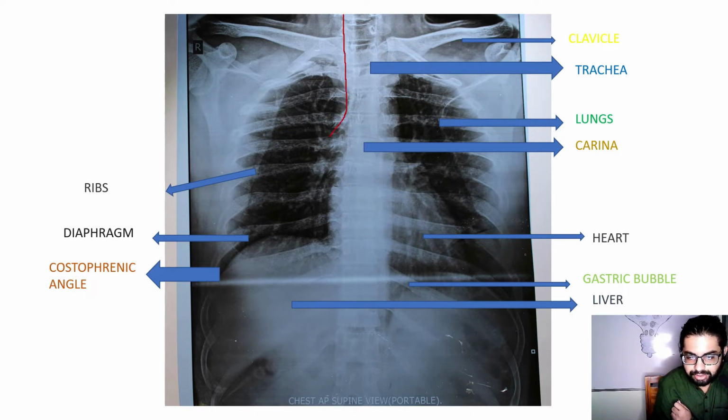This translucent thing which is visible in this chest X-ray is called the trachea, or commonly called windpipe. These are called collar bones or clavicle, which are present on both sides of the trachea.